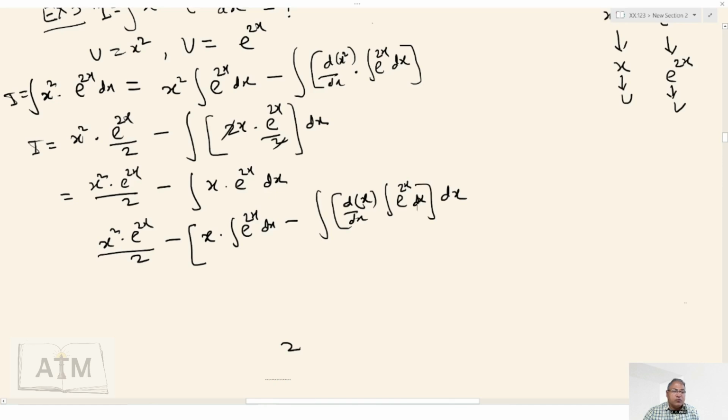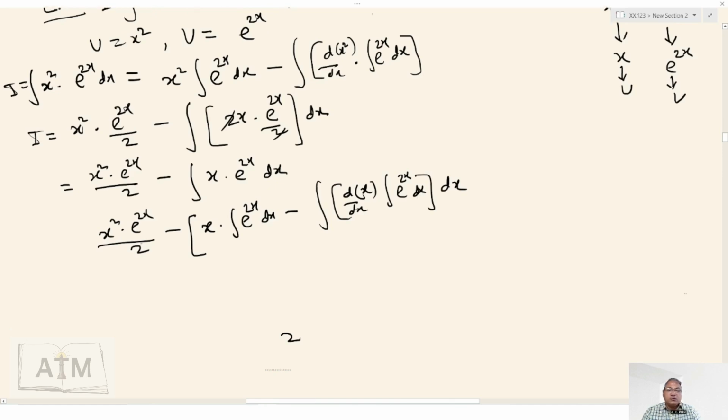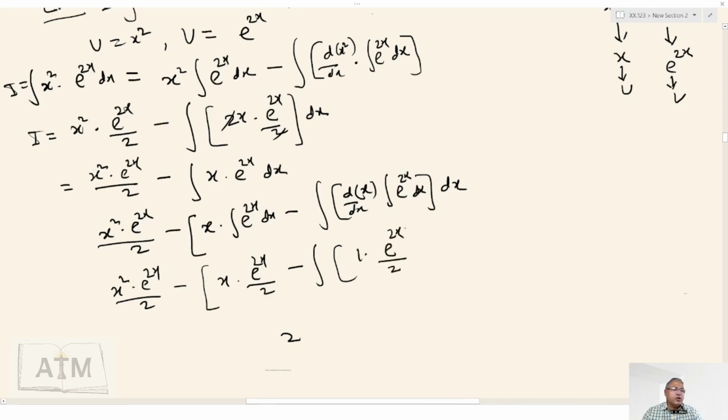After that we have to now manage the box here. So x square e raised to 2x upon 2 minus x e raised to 2x upon 2 minus integration, here derivative of x is 1 and integration of e raised to 2x is nothing but e raised to 2x upon 2 with respect to x. Now what do you do?